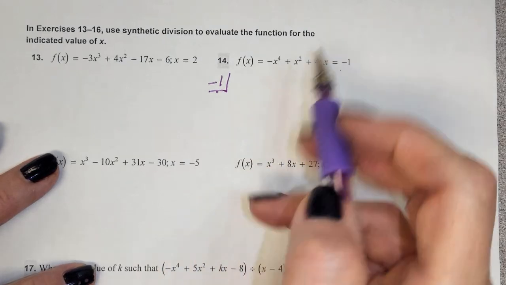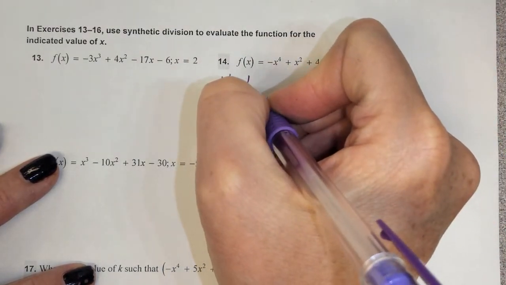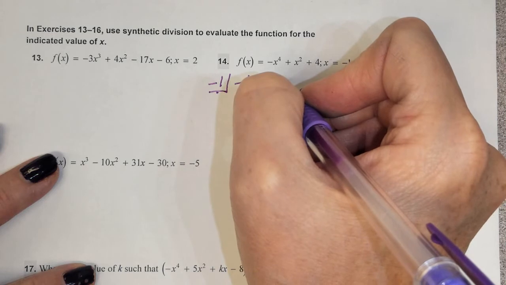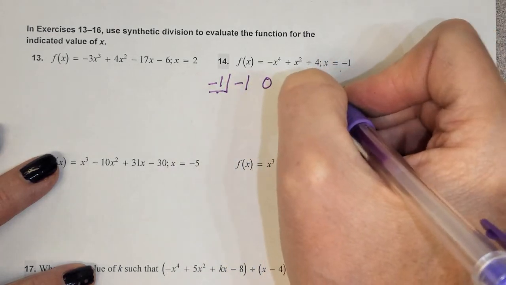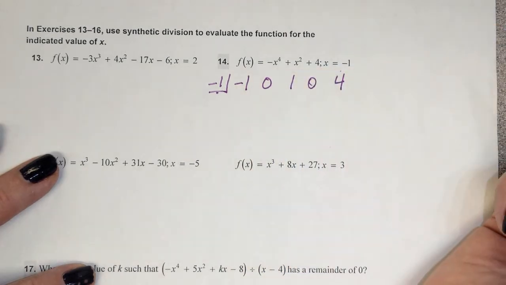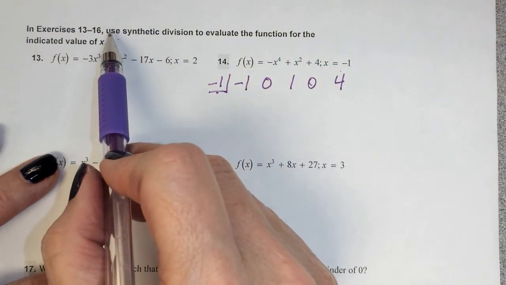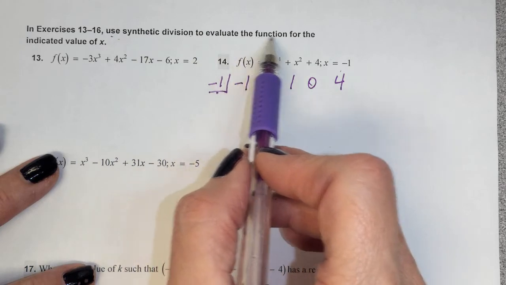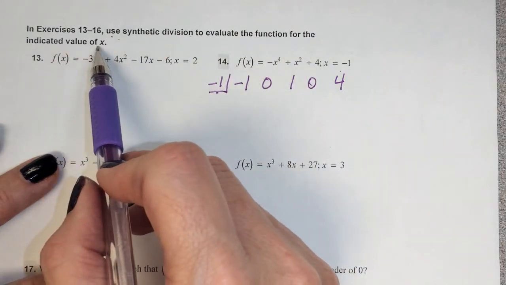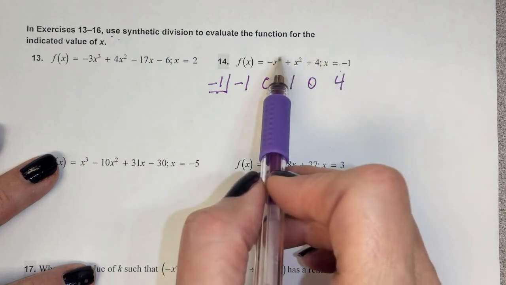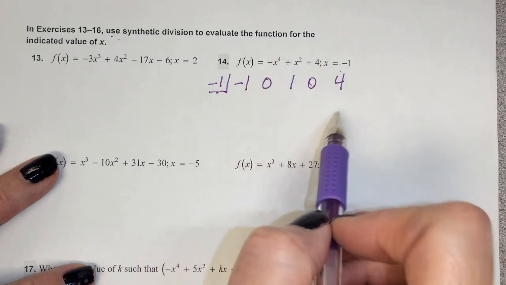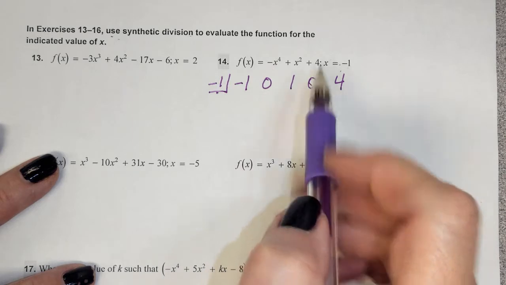Use your coefficients. Negative 1, now what? 0, good. Then 1, then 0, then 4. Read the directions. Use synthetic division to evaluate the function for the indicated value of x. I'm trying to find out when x is negative 1, what's y? The remainder tells me what y is.